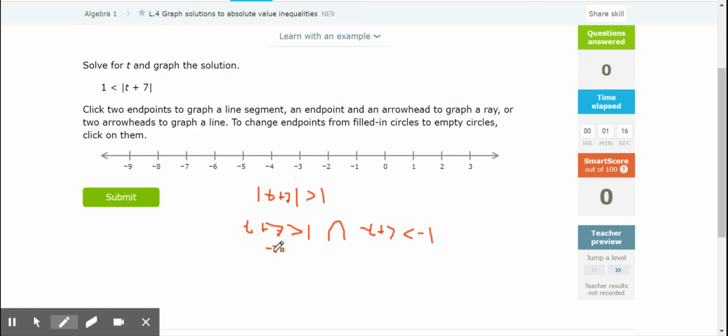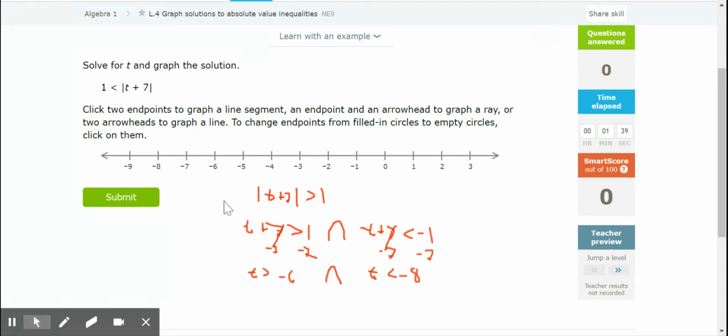So in both cases, we subtract 7. This is going to give me 1 minus 7 is negative 6. So t is greater than negative 6, or t is less than negative 8.